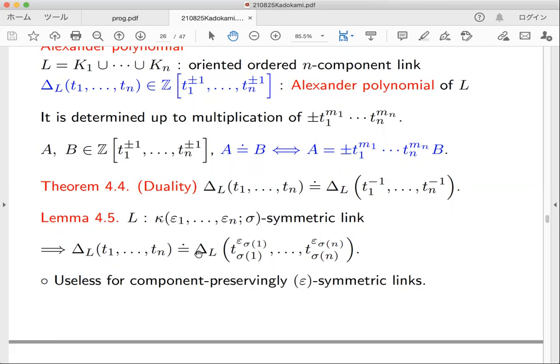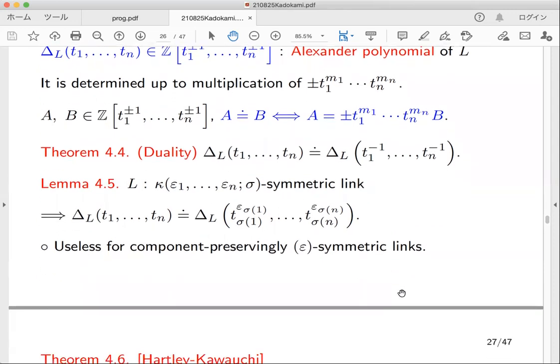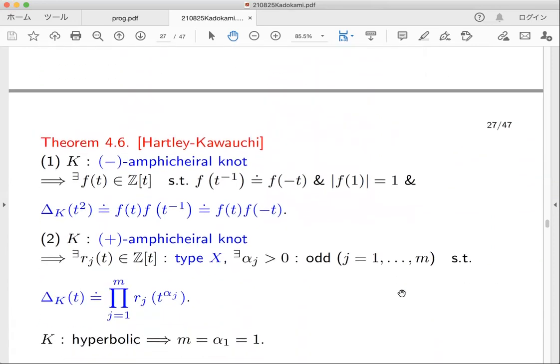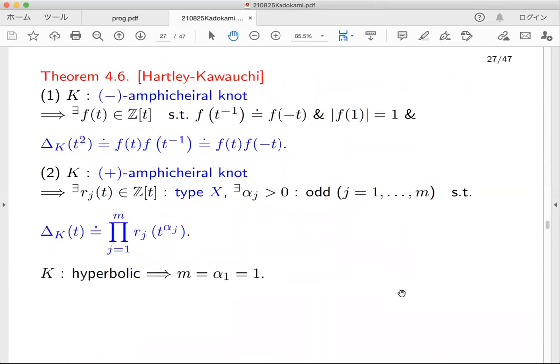So useful, but we cannot say very useful, useless for component preserving epsilon symmetric things. Yes, this condition is not the case.